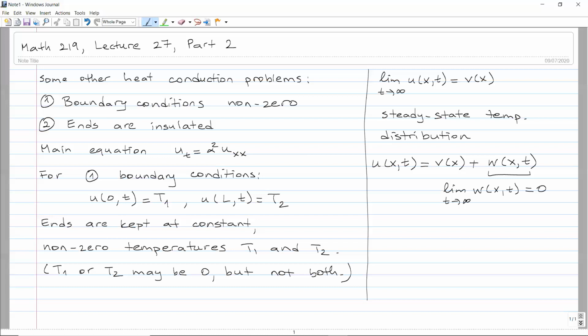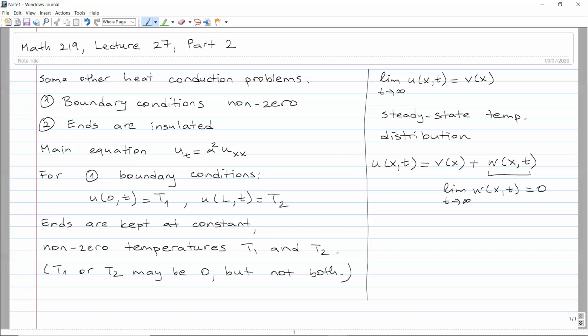It's going to stay at the same state, this v(x). Eventually, the heat distribution is going to be this function. So as you move along the rod, this is going to be some function of x.